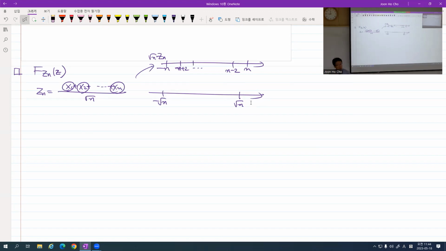And what is the mass located at each point? You already studied this when you were a high school student. Here the mass is 1/2 raised to the power of n, because every xi must be 1, and the probability is half times half times half. So again, the probability mass is 1/2 raised to the power of n.